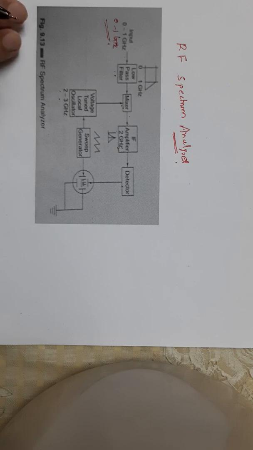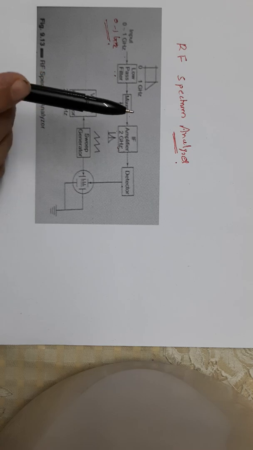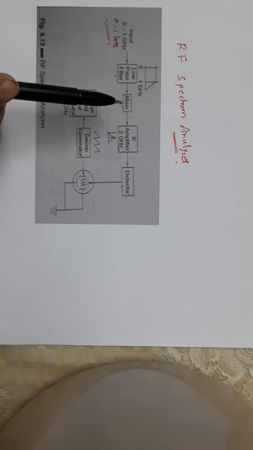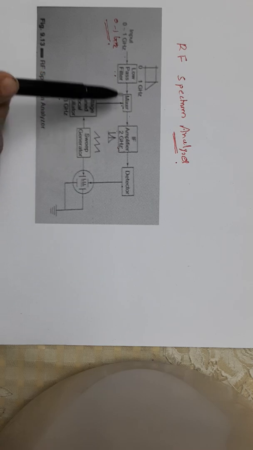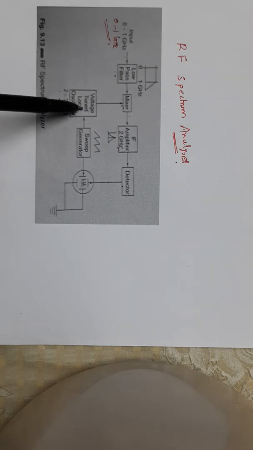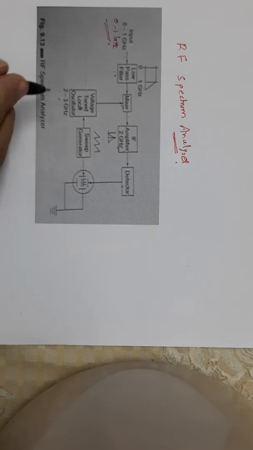Now what happened here? The input signal is fed into a mixer which is driven by a local oscillator. This oscillator is linearly tunable electrically over the range of 2 to 3 gigahertz.